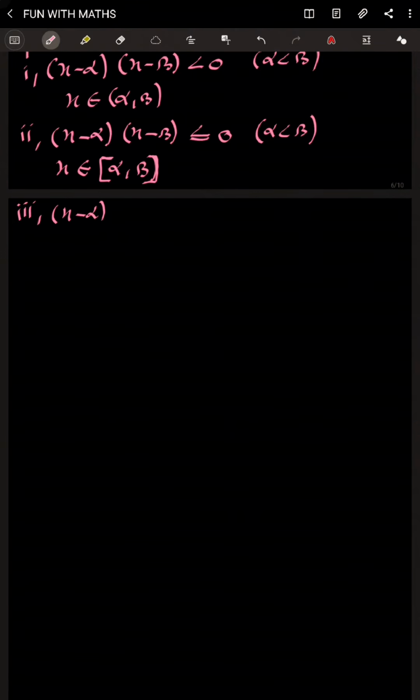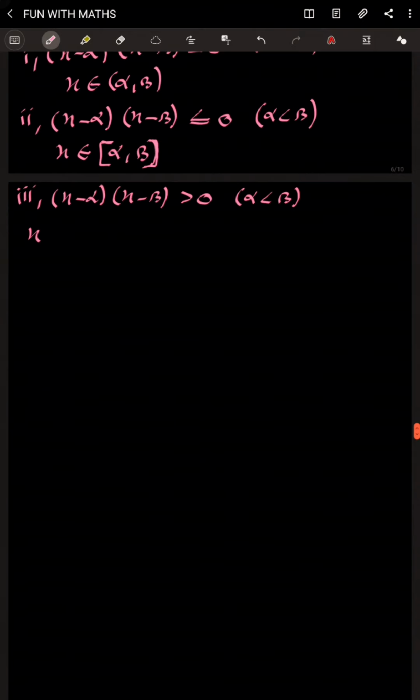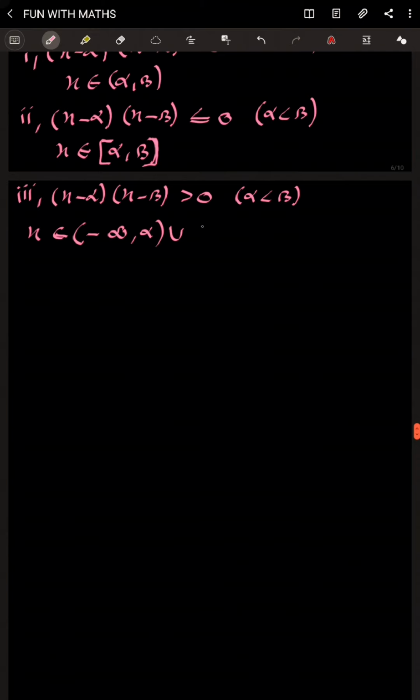x minus alpha into x minus beta greater than 0, alpha less than beta, then x belongs to minus infinity comma alpha union beta comma infinity, or x is less than alpha or x is greater than beta.